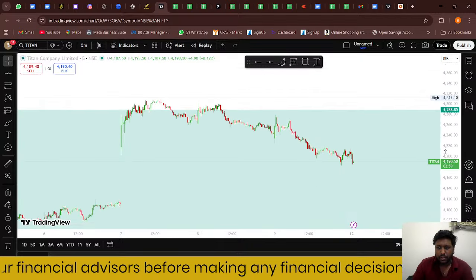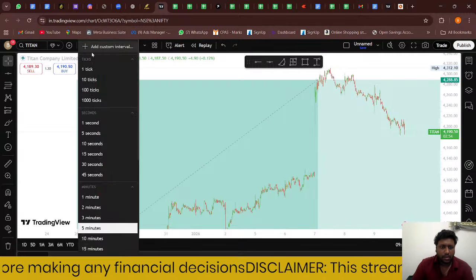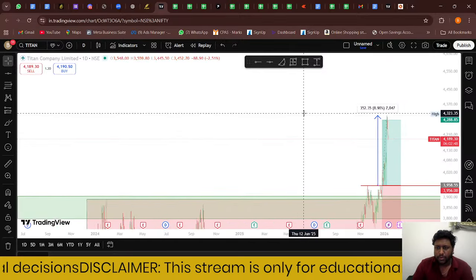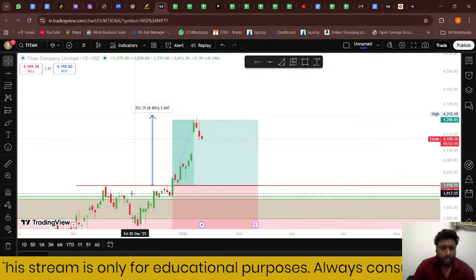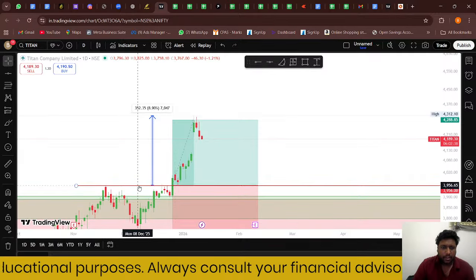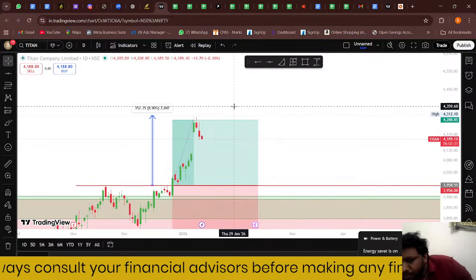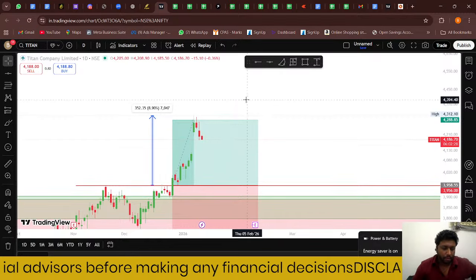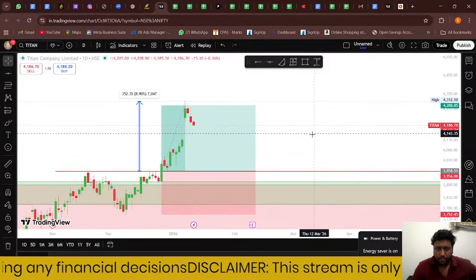We discussed these levels almost in November, I guess. This was a good entry in Titan, and we almost got 8 to 9 percent in this, with a proper entry at the all-time high breakout. We didn't take an entry from here, but still we managed to book nearly 8 to 9 percent.